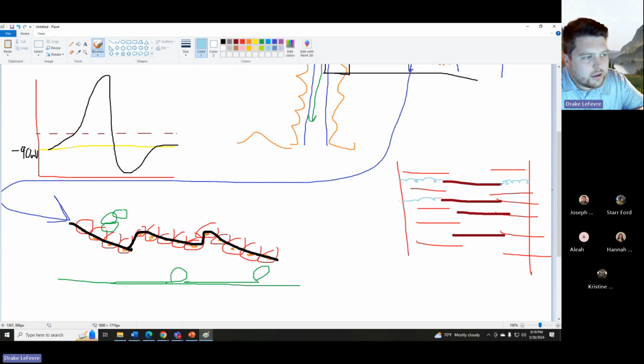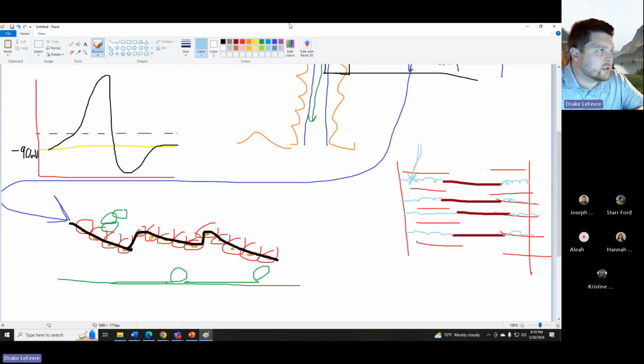Like this blue guy. This is titin, aka connectin, which helps with the elasticity of muscle. It helps muscle return to its normal shape after contraction.